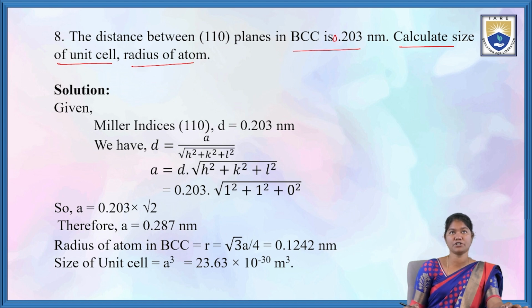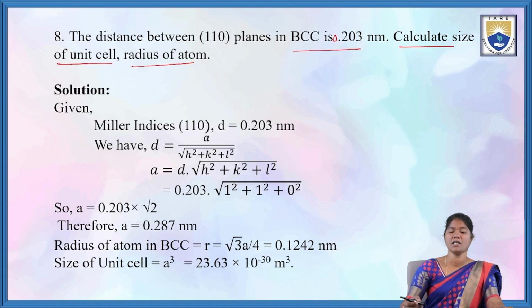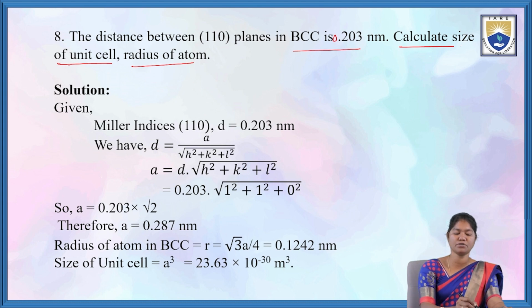So the distance between 110 planes in BCC is 0.203 nanometers. Solution for this: let's write the given data. Miller indices for the plane are 110.